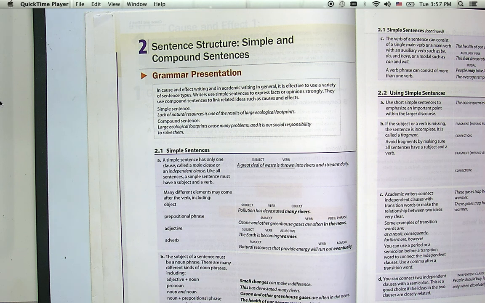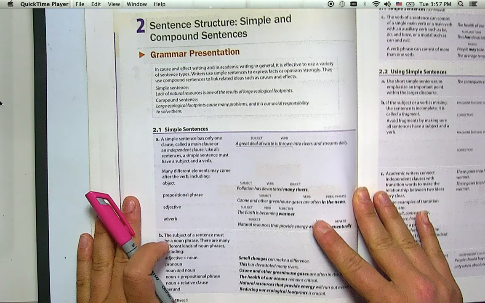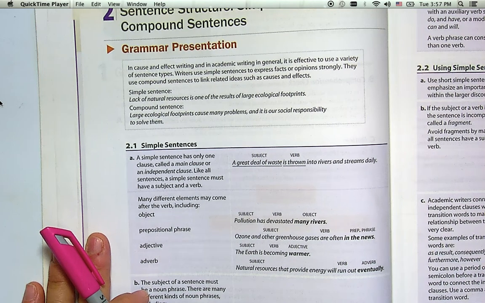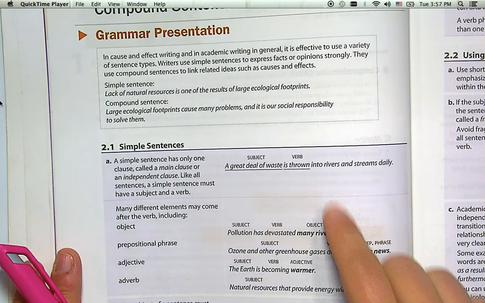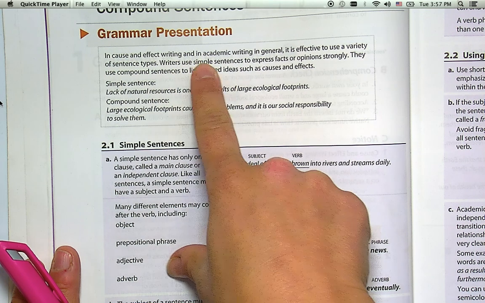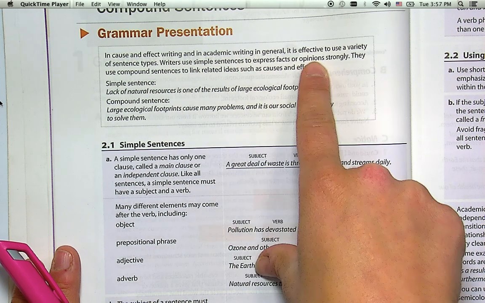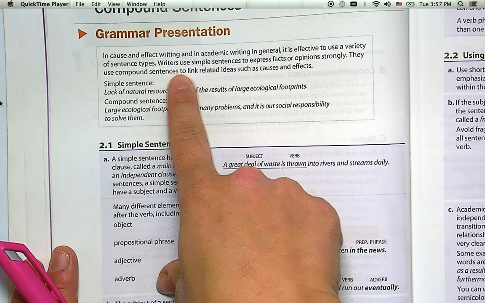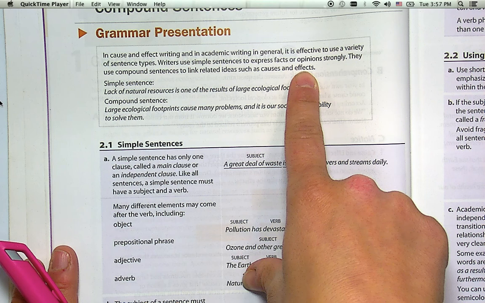And this one is going to look at it a little bit more in depth and with some more academic examples. So if we look at the beginning, it says, in cause and effect writing, in academic writing in general, it is effective to use a variety of sentence types. Writers use simple sentences to express their opinions strongly. They use compound sentences to link related ideas such as causes and effects.